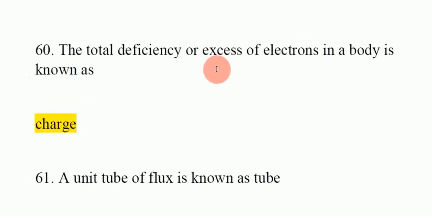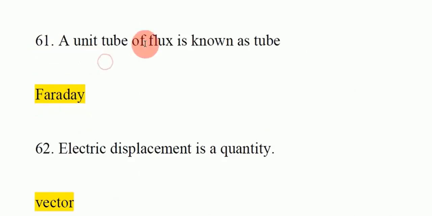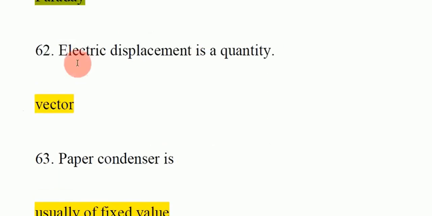The total deficiency or excess of electrons in a body is known as charge. A unit tube of flux is known as a Faraday tube. The electric displacement is a vector quantity.